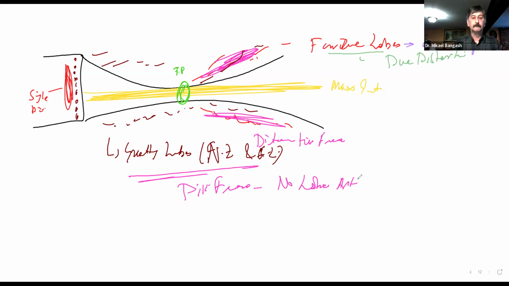Did you guys get that? Yeah. So guys, the major benefit of your tissue harmonics is that they reduce or minimize or try to eliminate the production of as many types of artifacts as possible. Clear?